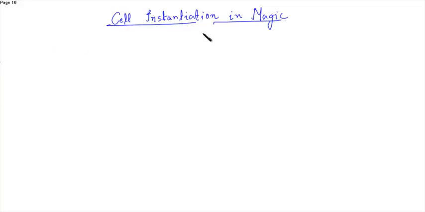When we say cell instantiation, we know that NAND is a combination of AND plus NOT.